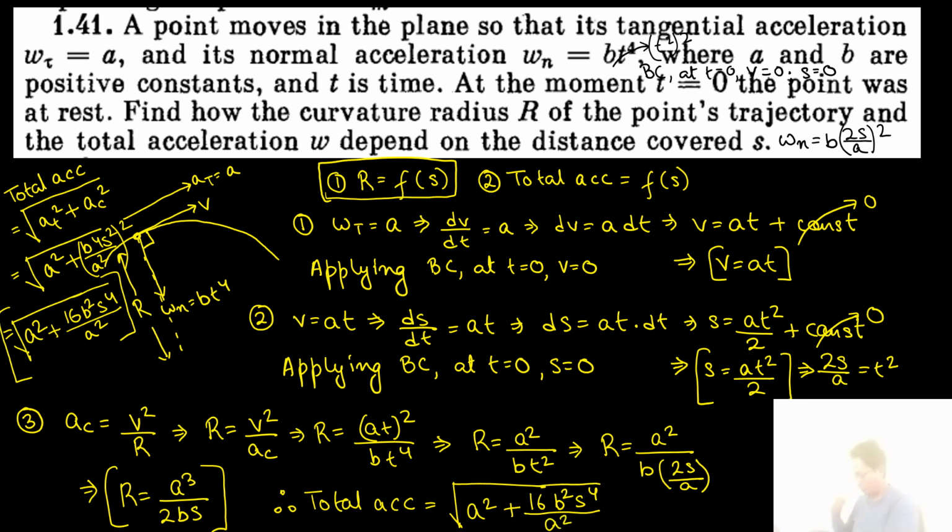Now one more thing, in some books this is written as a square by 2bs. That's really wrong. If you do the dimensional analysis, those kind of solutions would be wrong. So whenever you're confused about the answer, just do a quick dimensional analysis.